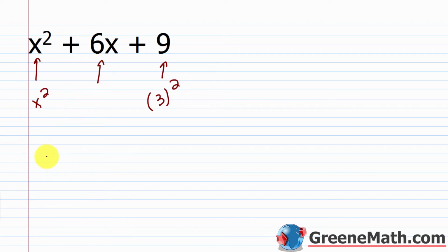I do. 2 times 3 is 6, 6 times x is 6x. So then I can factor this as what's squared, which is x, plus what's squared, which is 3, that whole quantity squared. Right? This turns into x plus 3, that quantity, times x plus 3.